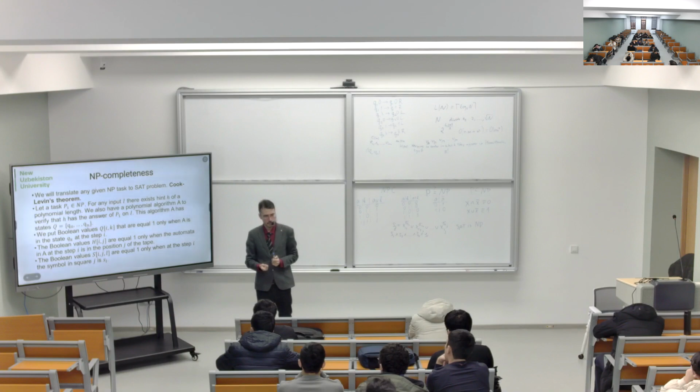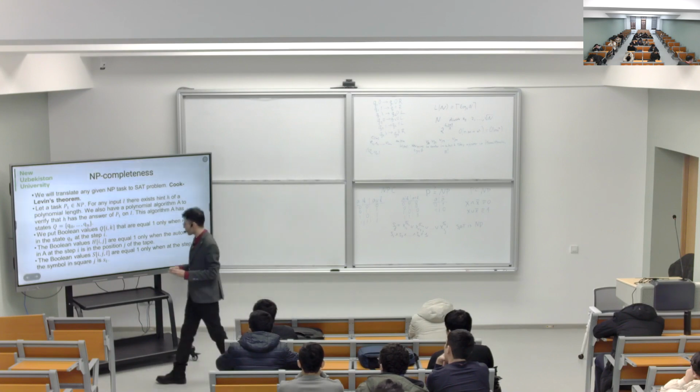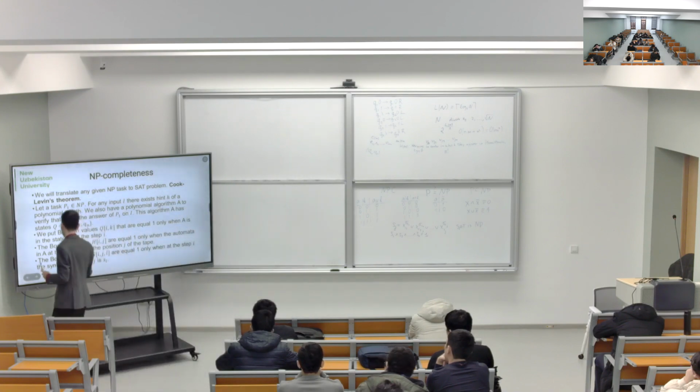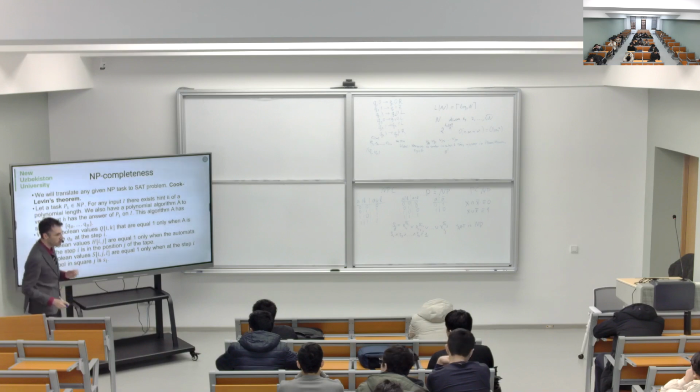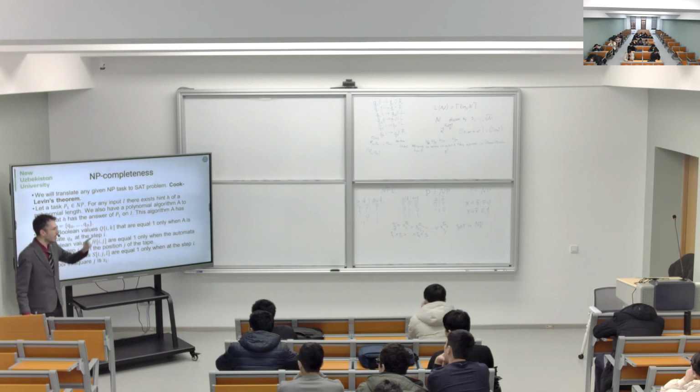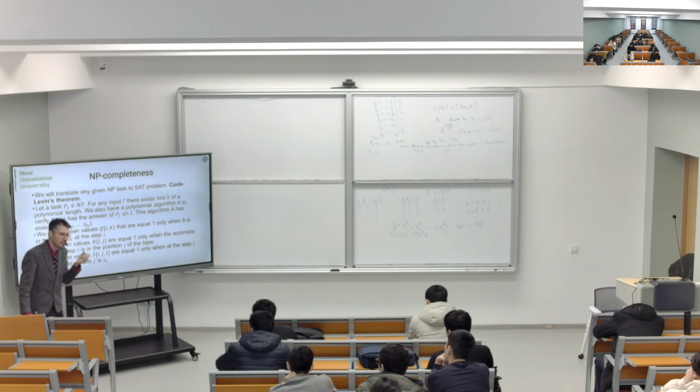Yes? So the Cook-Levin theorem says, let's write all steps of the Turing machine that works on that task P1 as a satisfiability problem. And if it is satisfied, what does it mean?